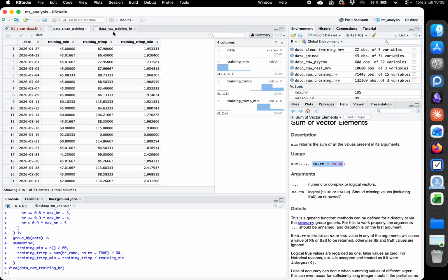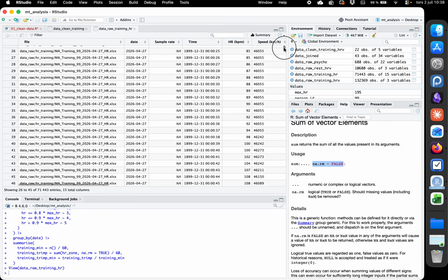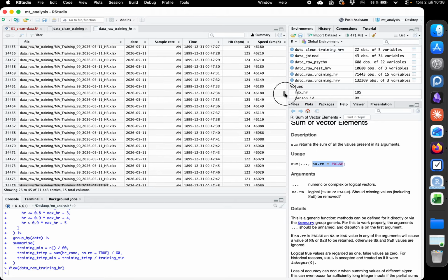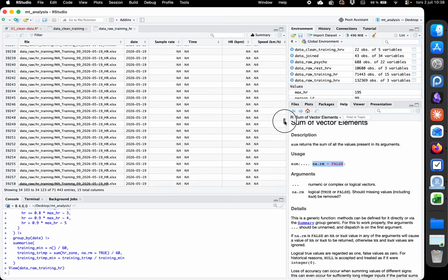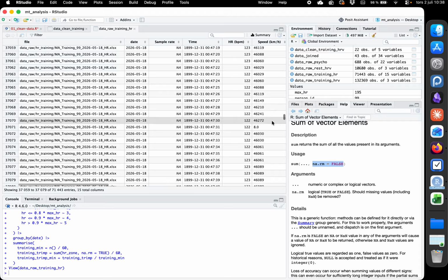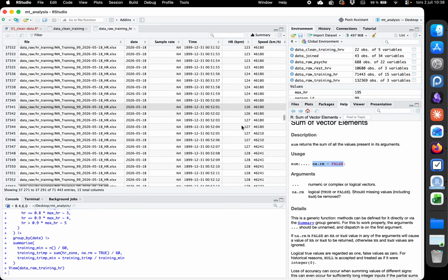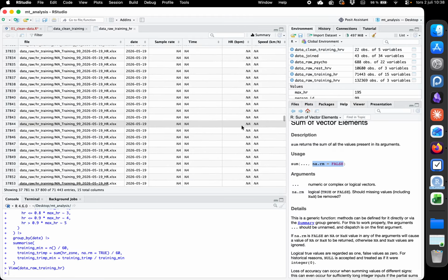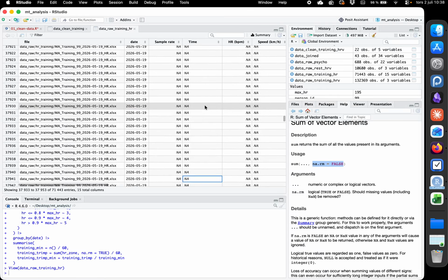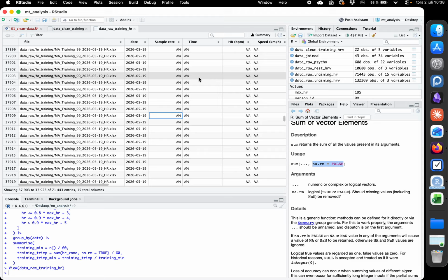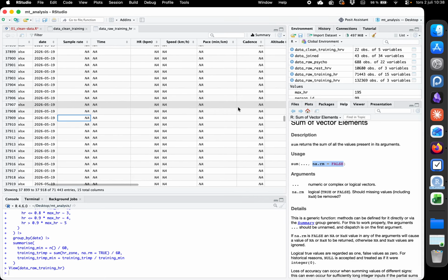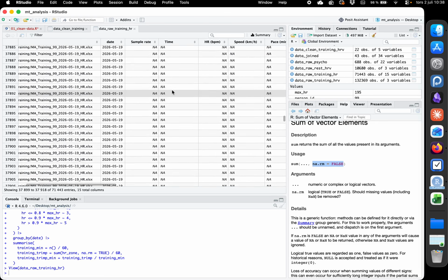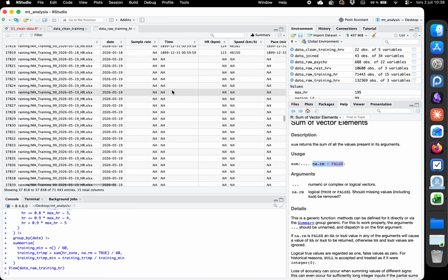We said the 19th of May. So if we scroll down here, 19 here. Once we get down to 19 again, it looks like maybe the heart rate monitor didn't work or there was some kind of problem here, so it doesn't read the data.